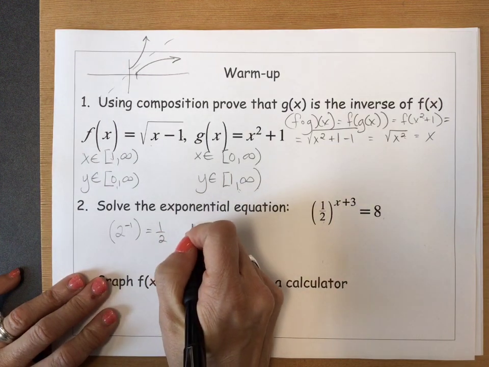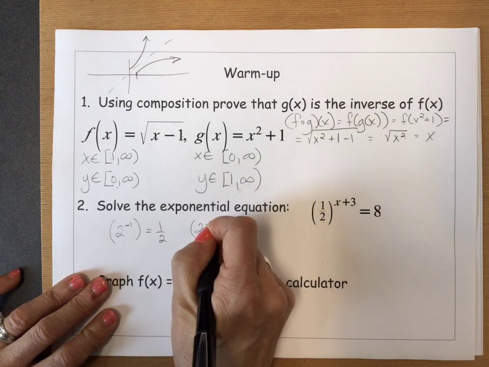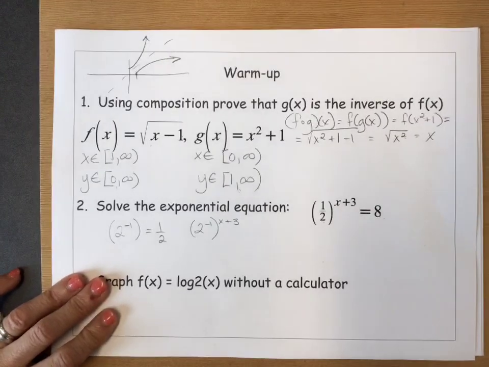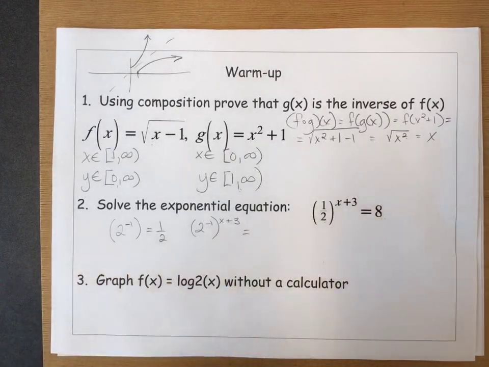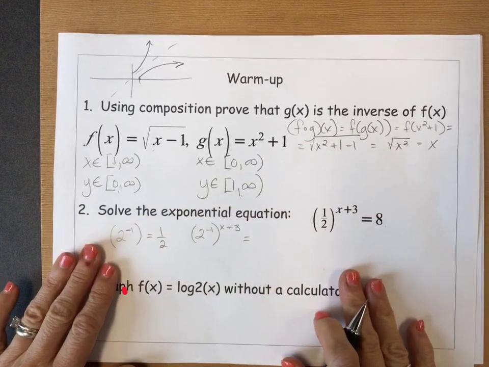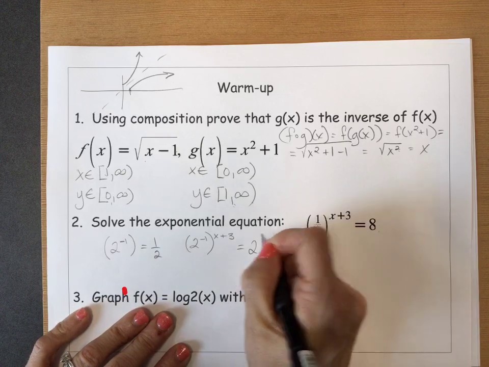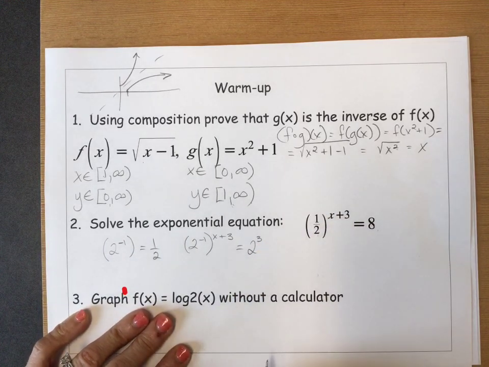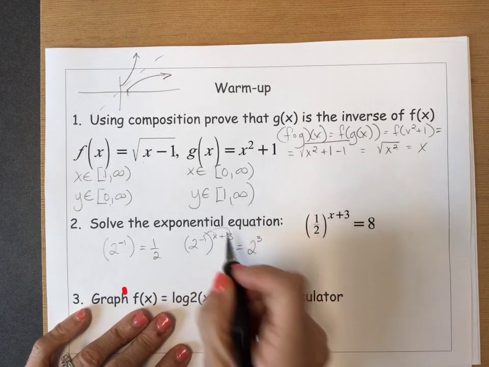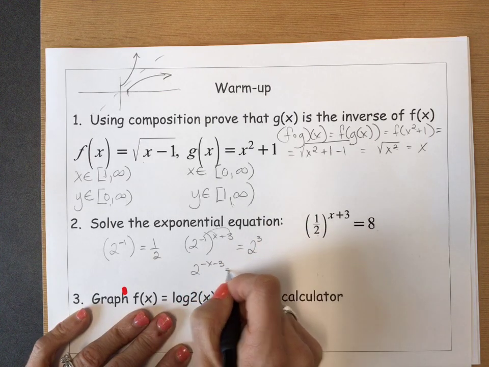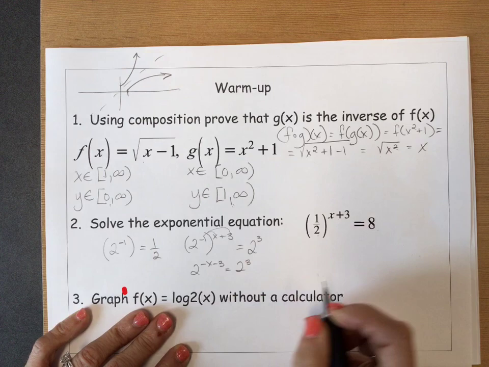So this really becomes 2 to the negative 1, all to the x plus 3. And if I want to write 8 as base 2, it's going to be 2 to the 3rd power. At this point, I can distribute that negative to both of those. So 2 to the negative x minus 3 equals 2 cubed.